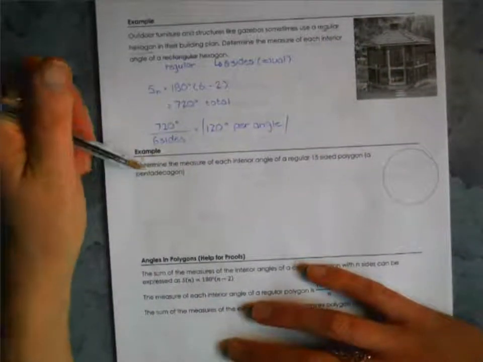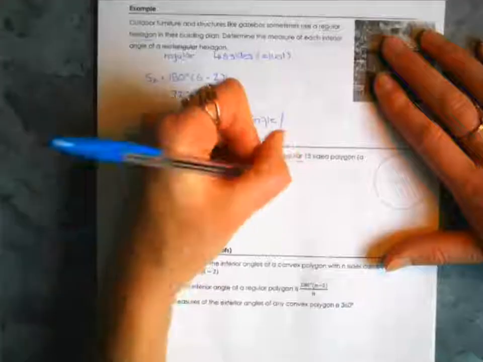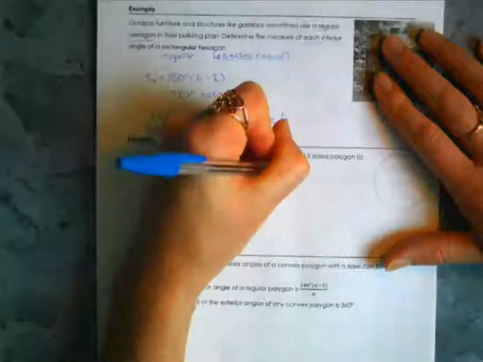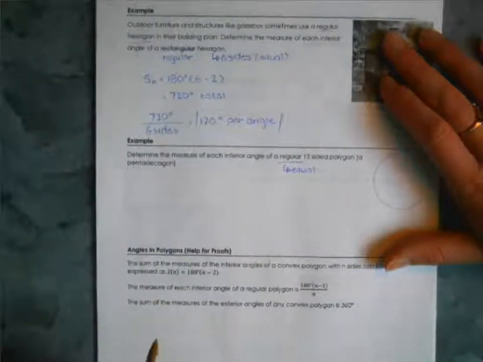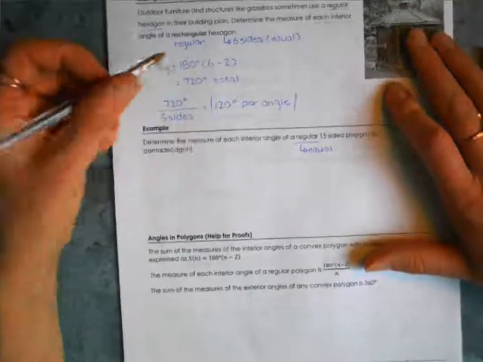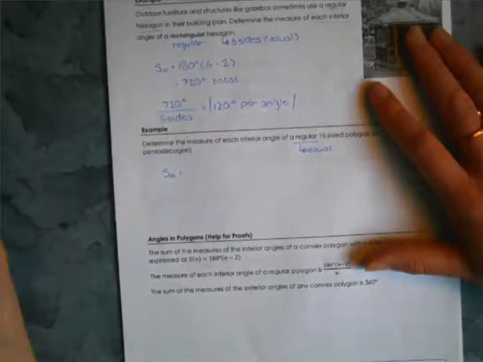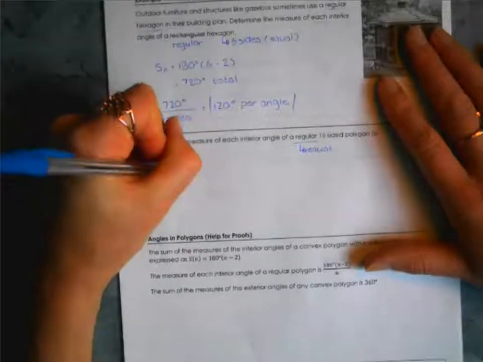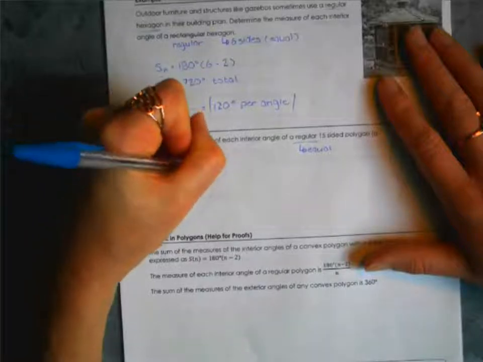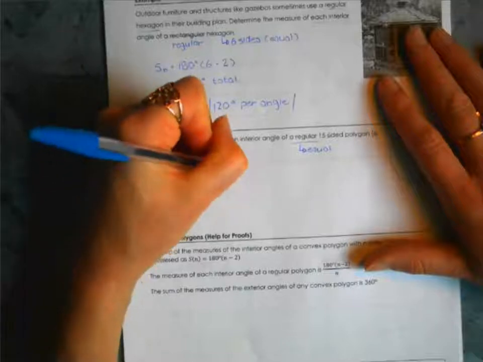Okay, let's try one more. Determine the measure of each interior angle of a regular, so remember that means equal, 15-sided polygon. This is known as a pentadecagon. We want to do the same thing. Our formula is Sn equals 180 degrees times the number of sides, which is 15, minus 2.